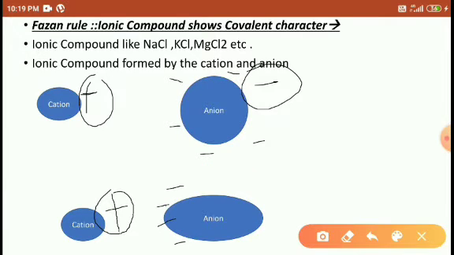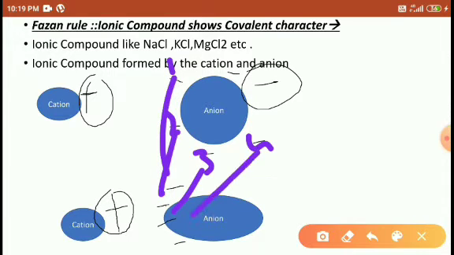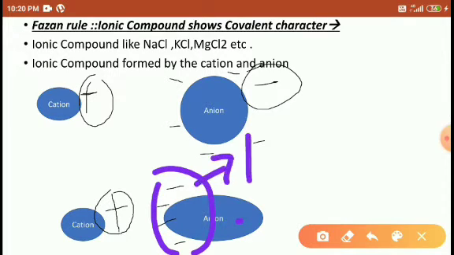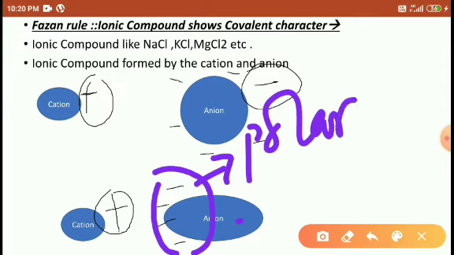Why did this happen? Because these 4 electrons are transferred to one end, and 1 electron is here only. So the negative charge is distorted at one end.